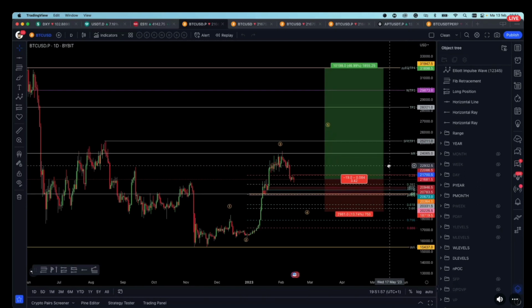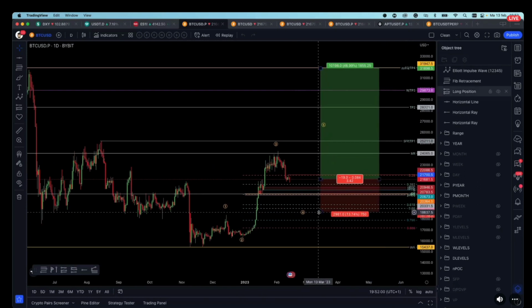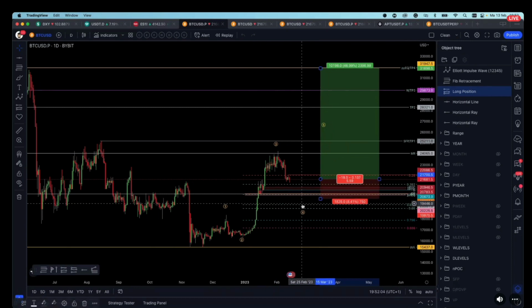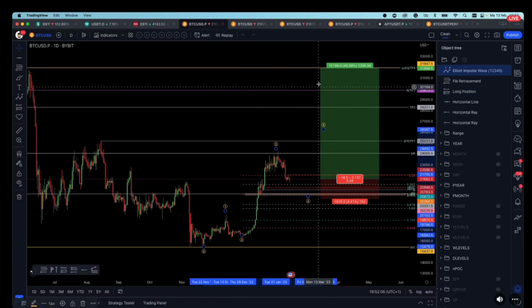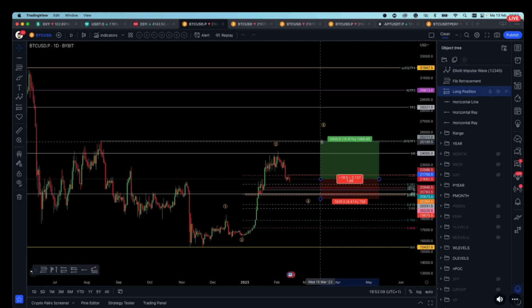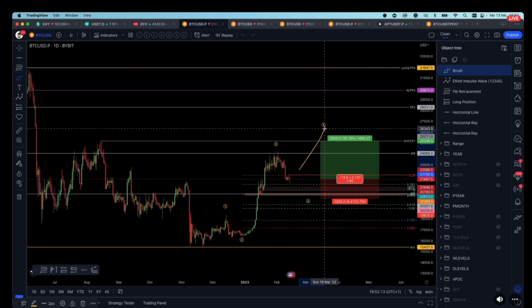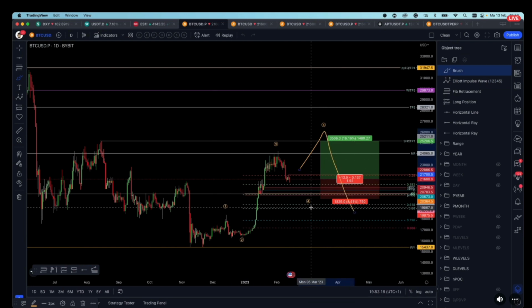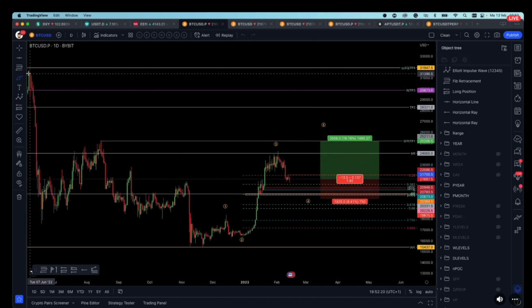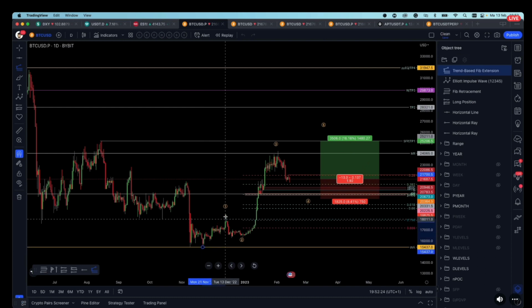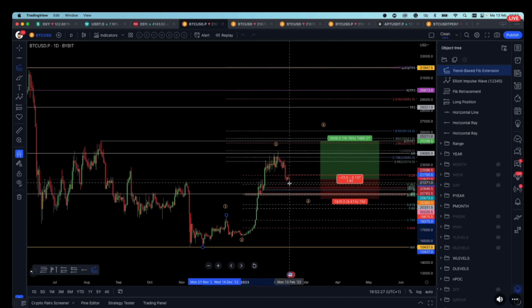In total, I wouldn't really place my stop loss here. I would place it below these wicks over here, something like this, and then take most of the profit at these highs. Because what sometimes happens is it takes out the highs, makes a swing failure pattern, and then moves lower again. That is definitely possible too, because you have one more FIB relationship for a fifth wave, which is the 1-to-1 over here.